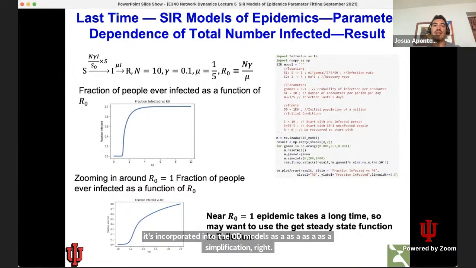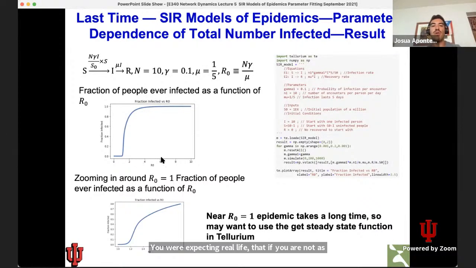So you would expect in real life that if your R naught is around even 4, 5, or 6, you still wouldn't necessarily expect all of your population to be infected at the end of the epidemic.